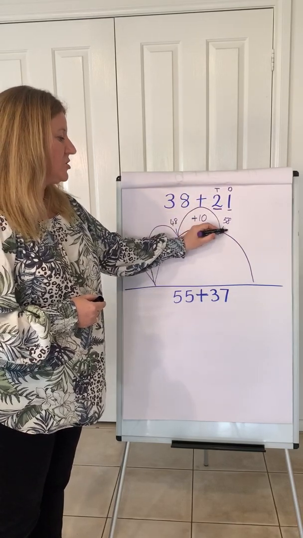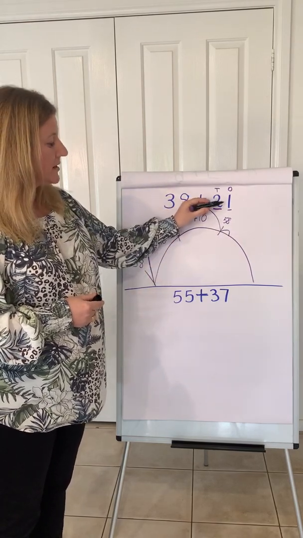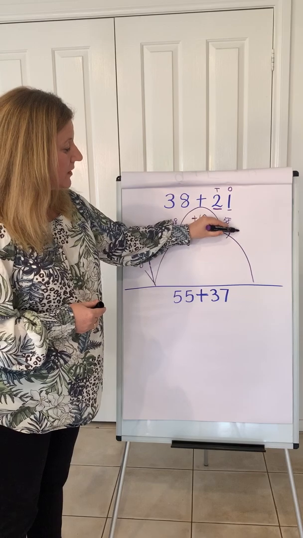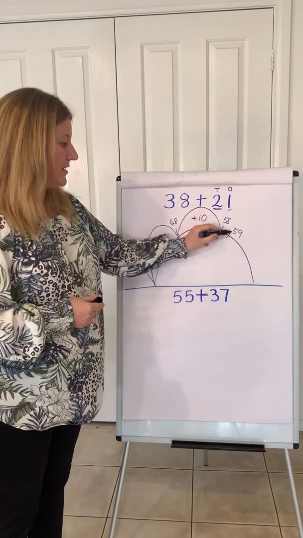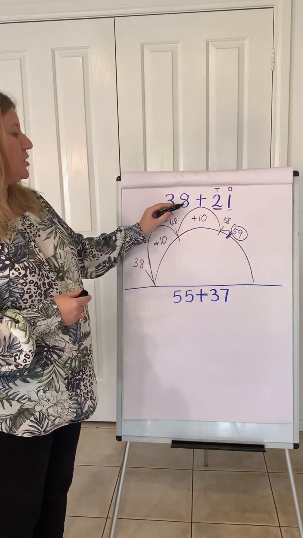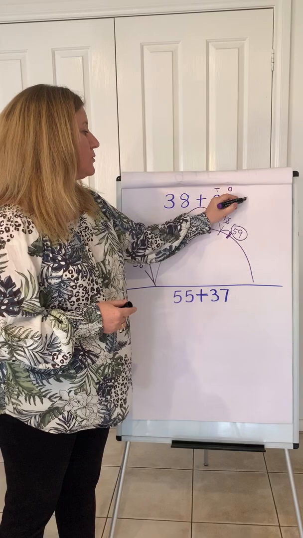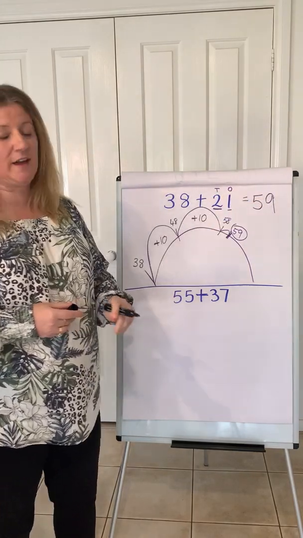So I just need to do a little jump. 58 plus 1 equals 59. So that is my answer. So 38 plus 21 equals 59.